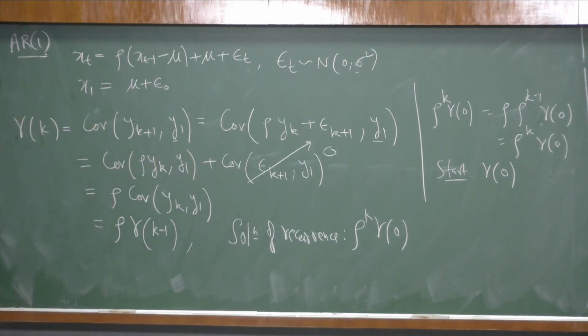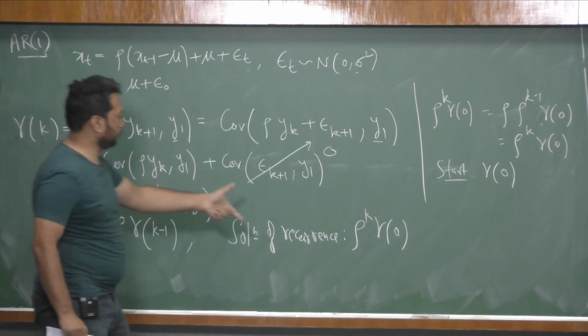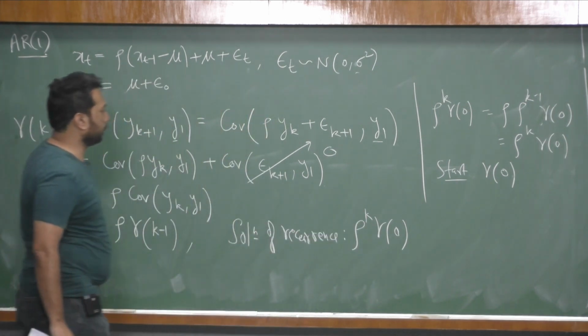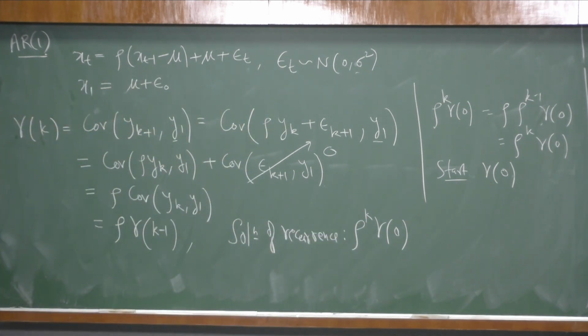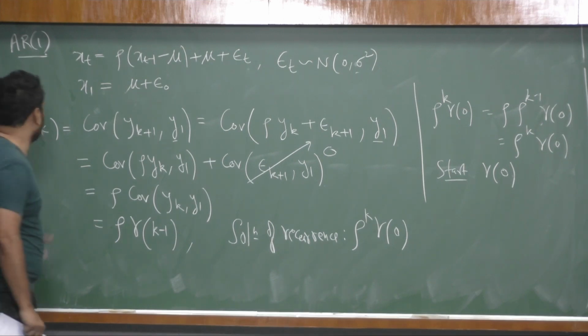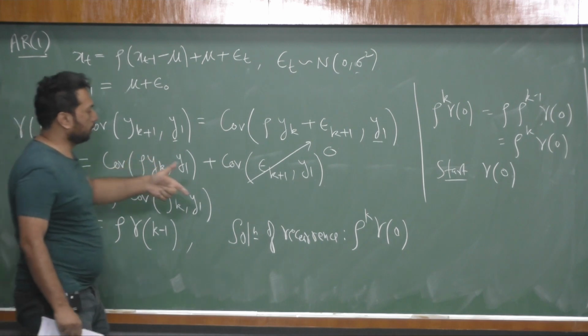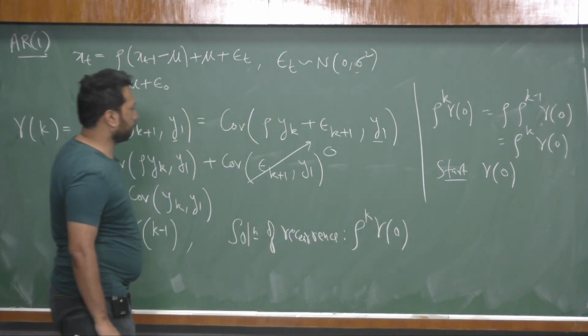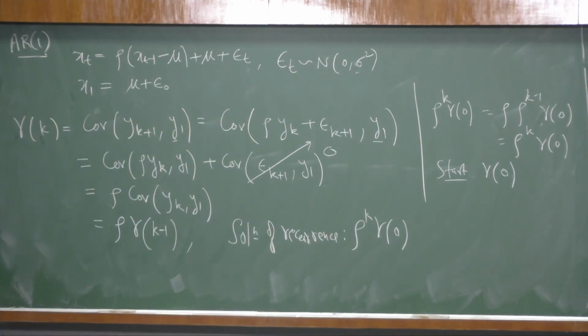So continuing, in this recurrence we have rho^k gamma_0, and basically to find an expression for gamma_k, we need to know what gamma_0 was. Gamma_0 is essentially the variance of x, and the variance we have already computed.